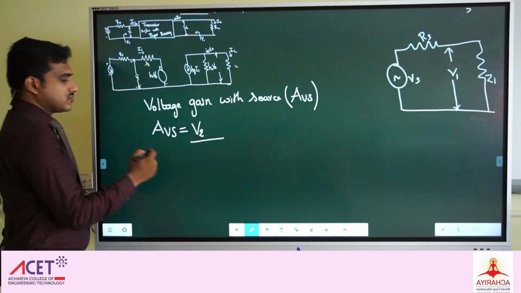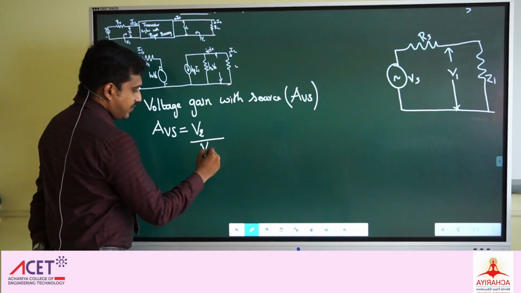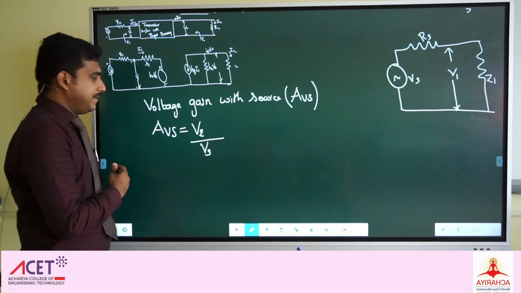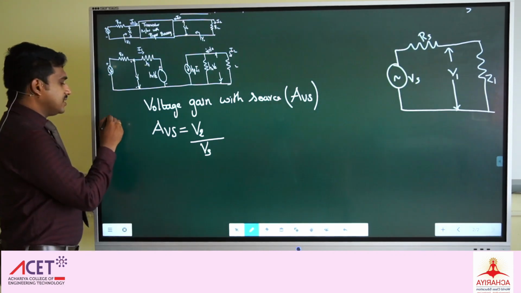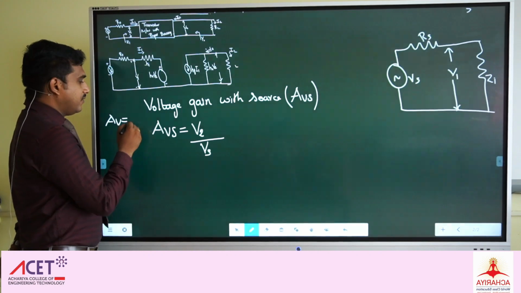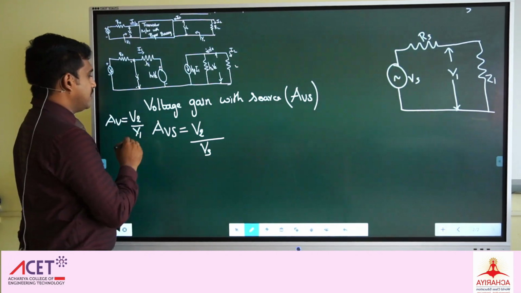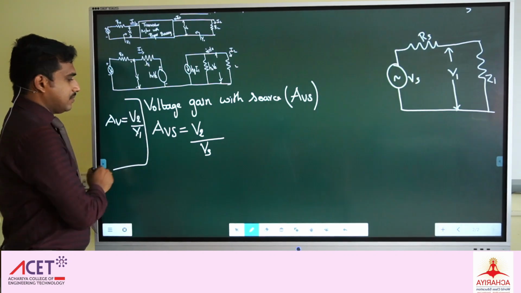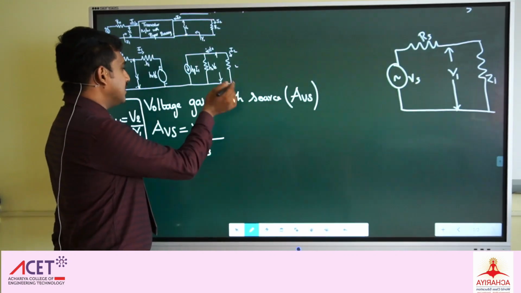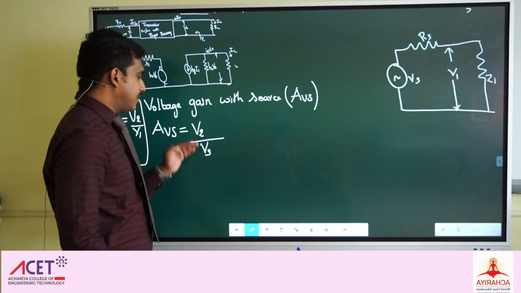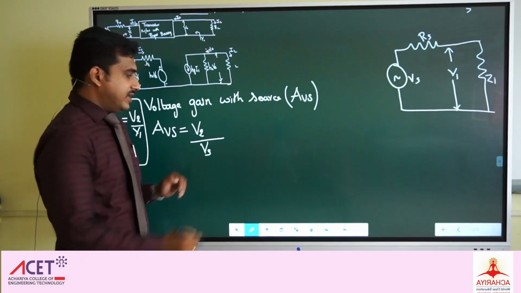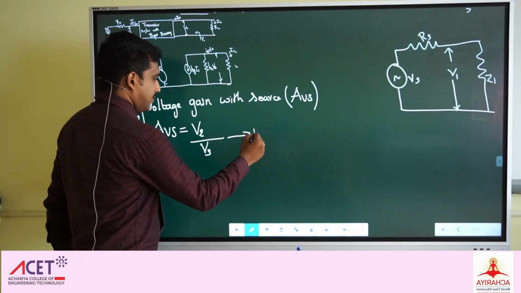By considering the source voltage, we should write Vs. In the previous section, for the simple voltage gain, we wrote V2 divided by V1. But here we are considering the source voltage also. That's why we are putting V2 divided by Vs. Consider this as equation number 1.